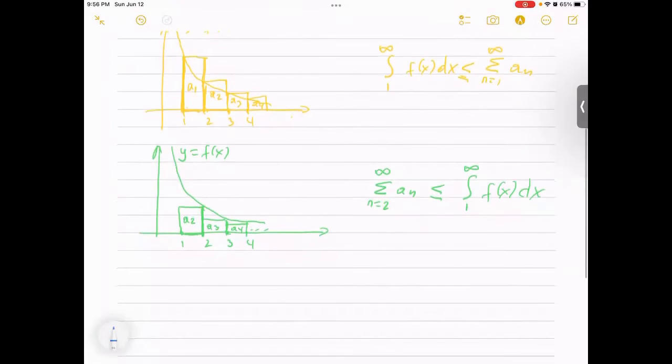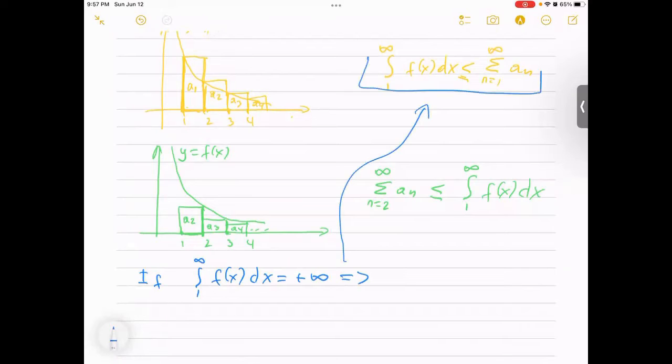Now, let's see what this implies. If we have the integral from 1 to infinity of f of x dx equal to plus infinity, then it follows, using the first inequality right here, that the series sum of an from 1 to infinity is greater or equal to plus infinity.